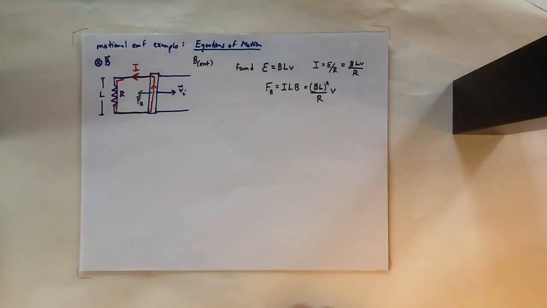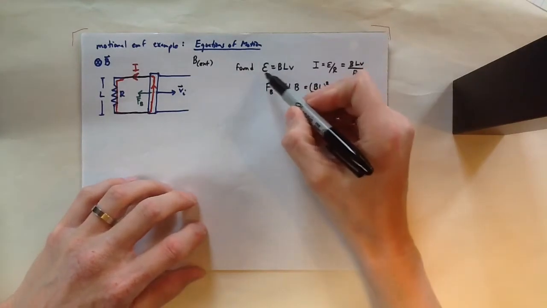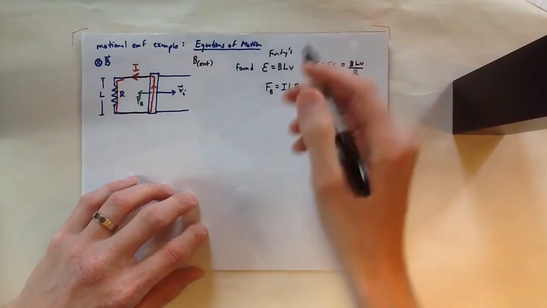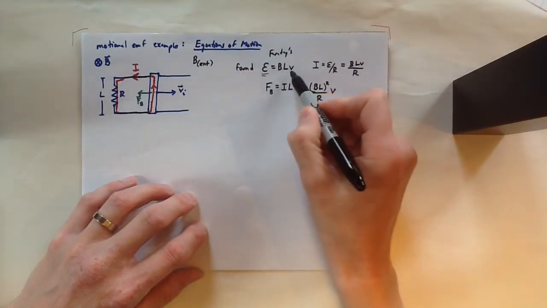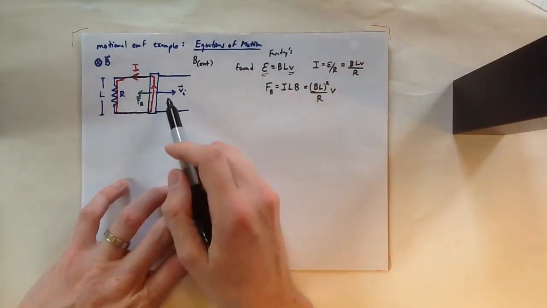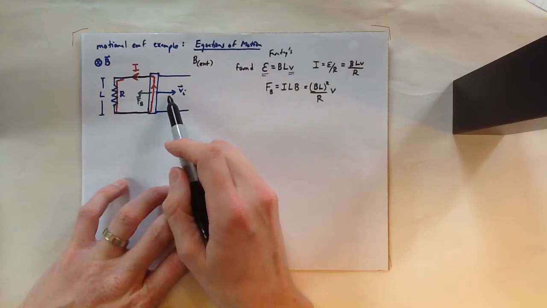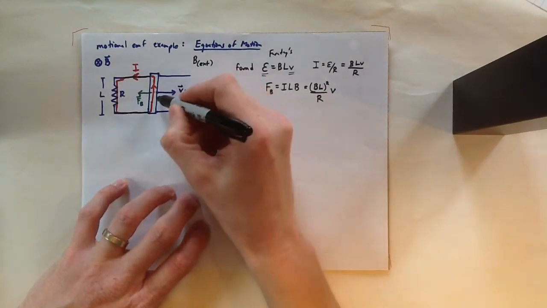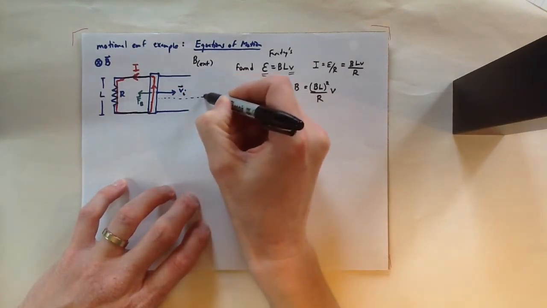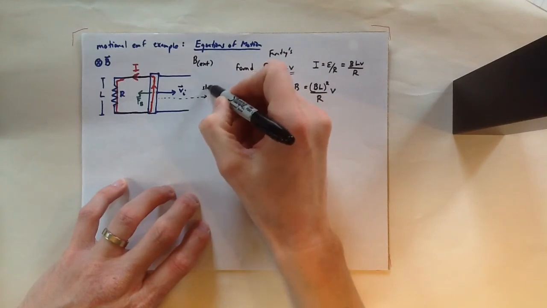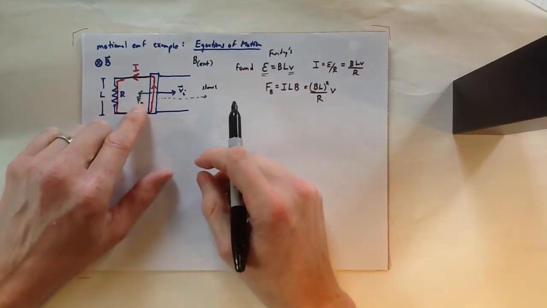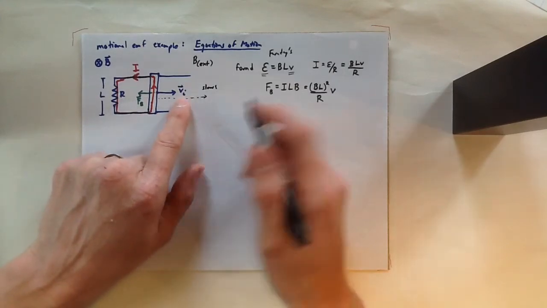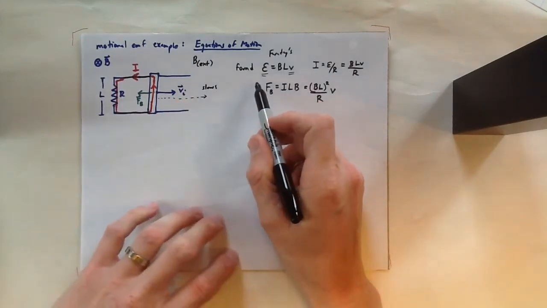So what we found was the EMF is equal to BLV. That came from Faraday's law. And the EMF amount is tied to the speed of the bar. So the initial speed is going to determine the initial EMF, but as this thing slows down, and it will, of course, because the magnetic force is acting against it, as this speed decreases, then the EMF will decrease.